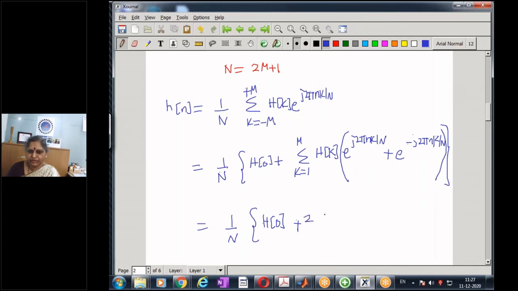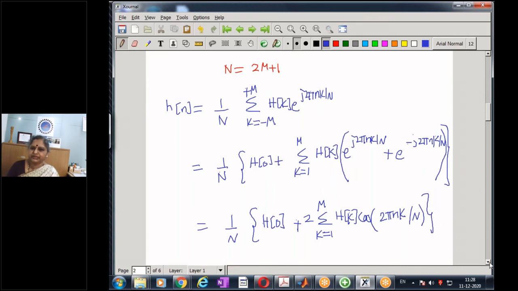So this now becomes 2 sigma k equal to 1 to m h of k cos of 2 pi nk by N.